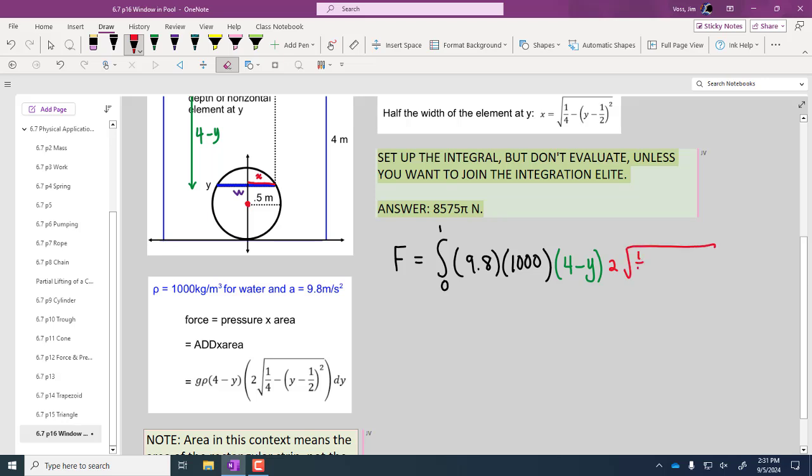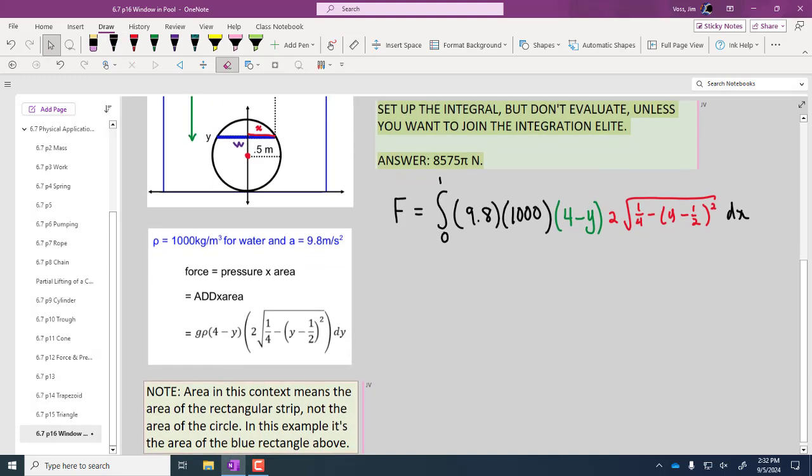And this one we're not simplifying. We're just going to leave it as a nice big honking mess. But if you want to integrate it and try to resolve the integral, you may. So there is our setup.